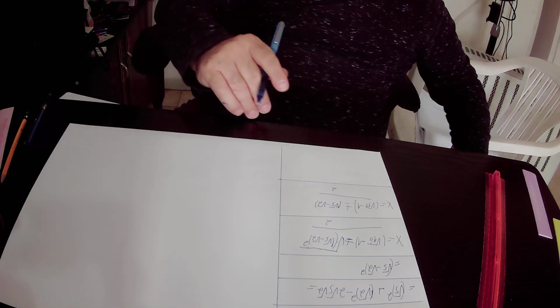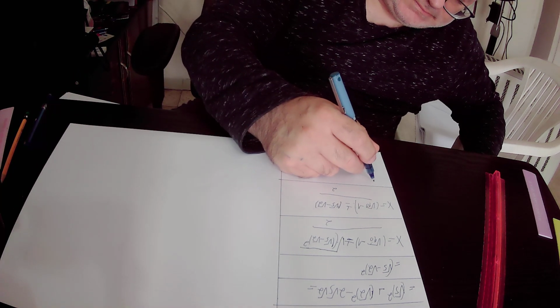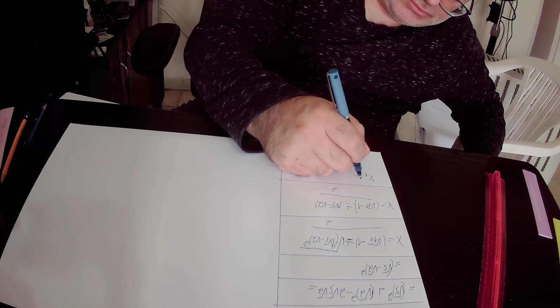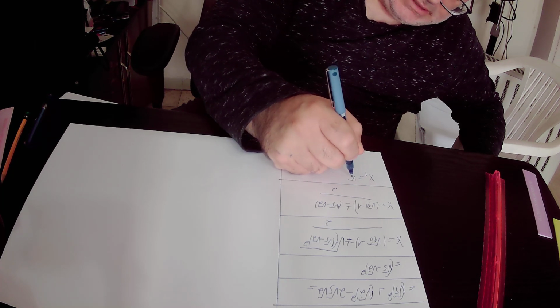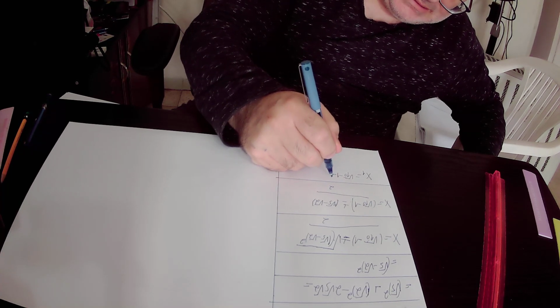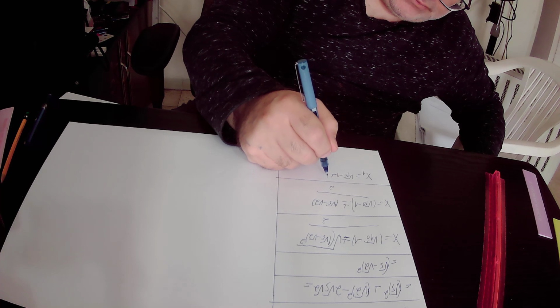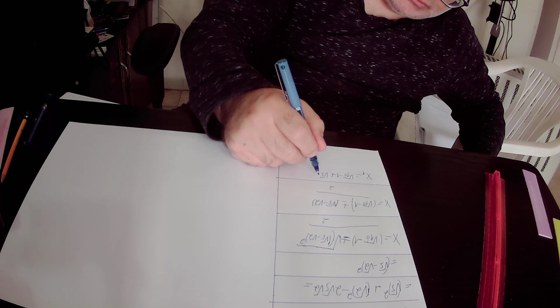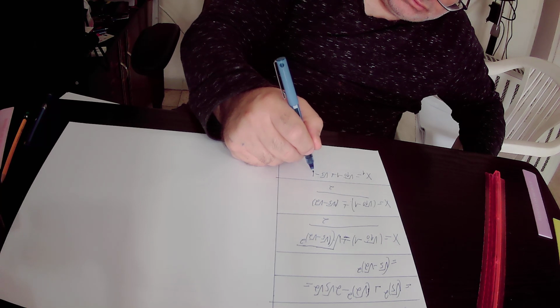So the first solution, x1, equals the square root of 10 minus 1 plus the square root of 5 minus the square root of 2, all divided by 2.